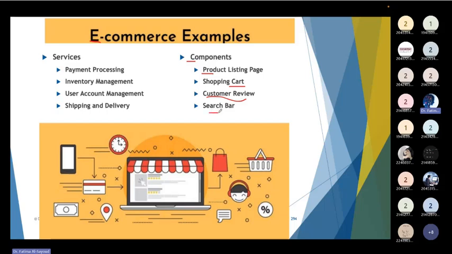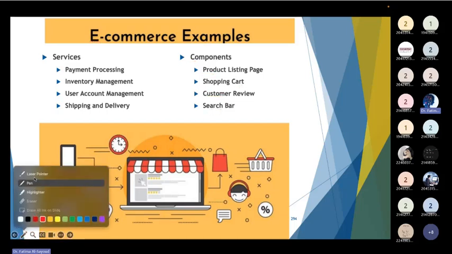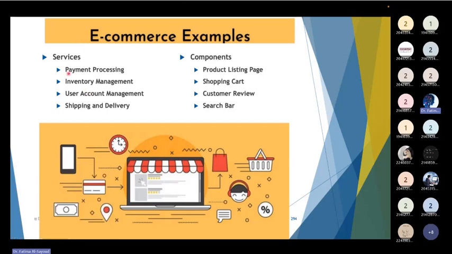The search bar as what we saw before, all of those are components. طب example on services: payment processing service, inventory management, إدارة كم how much do I have now, how much do I have left, and so on and so forth. This is going to be an inventory.